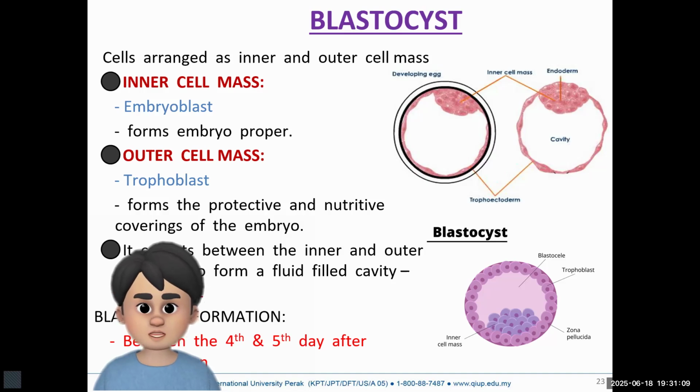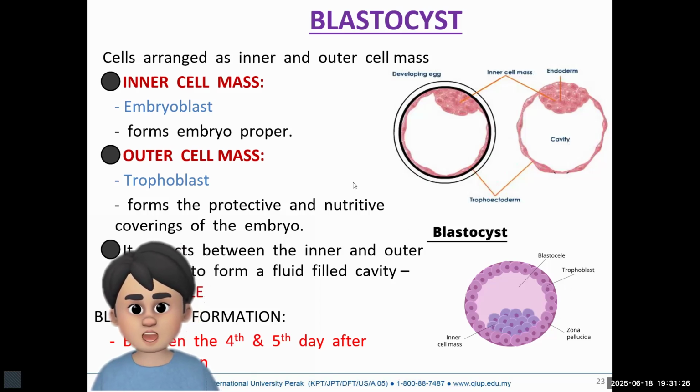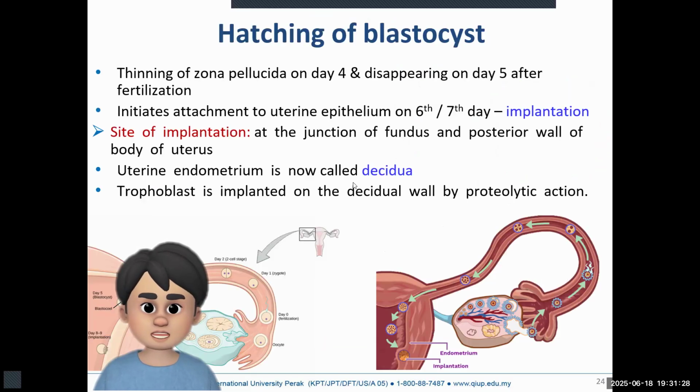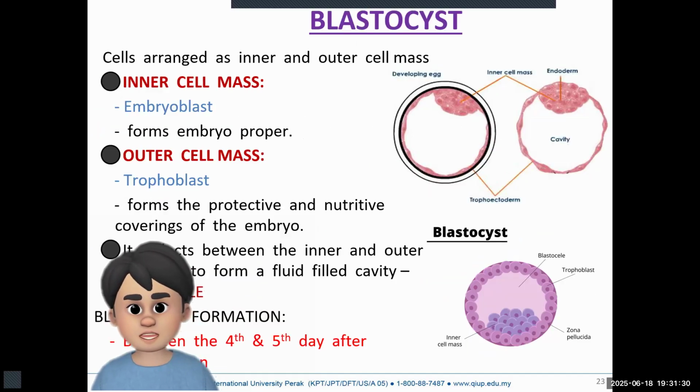Blastocyst formation occurs between the 4th and 5th day after fertilization. So you have to know what the blastocyst is, and what the inner cell mass, the embryoblast, and the trophoblast are. You can see here the trophoblast, and the embryoblast on the other side.